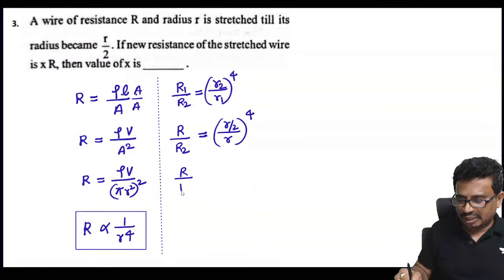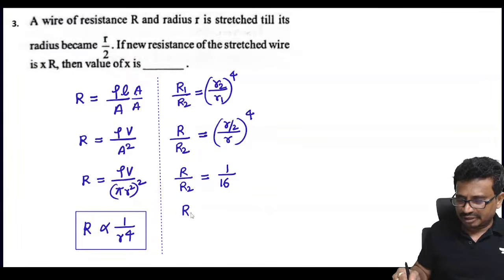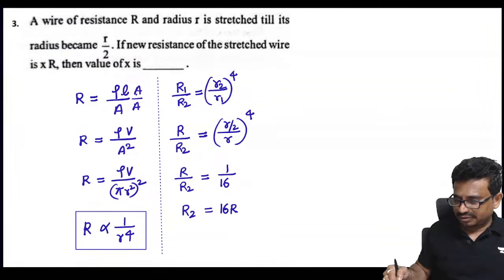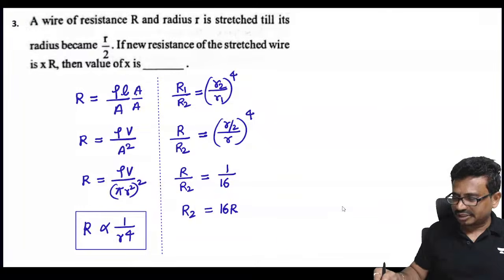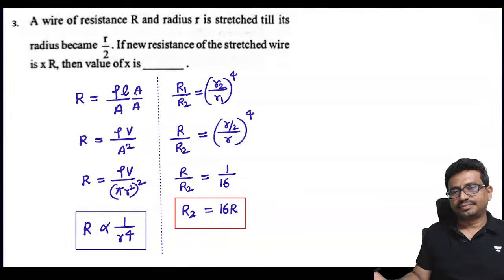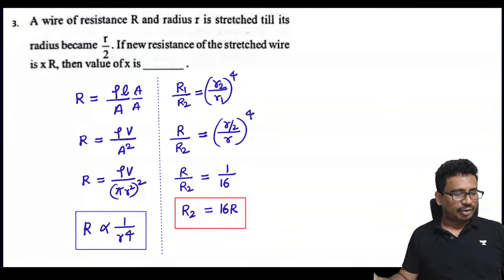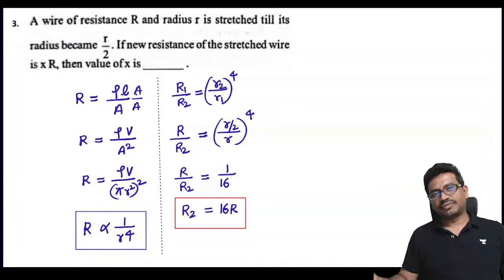So R by R2 equals 1 by 2 power 4, which is 1 by 16. So R2 equals 16 into R. This is the new resistance of the same wire. Here rho is the resistivity and V is the volume, which remains constant.